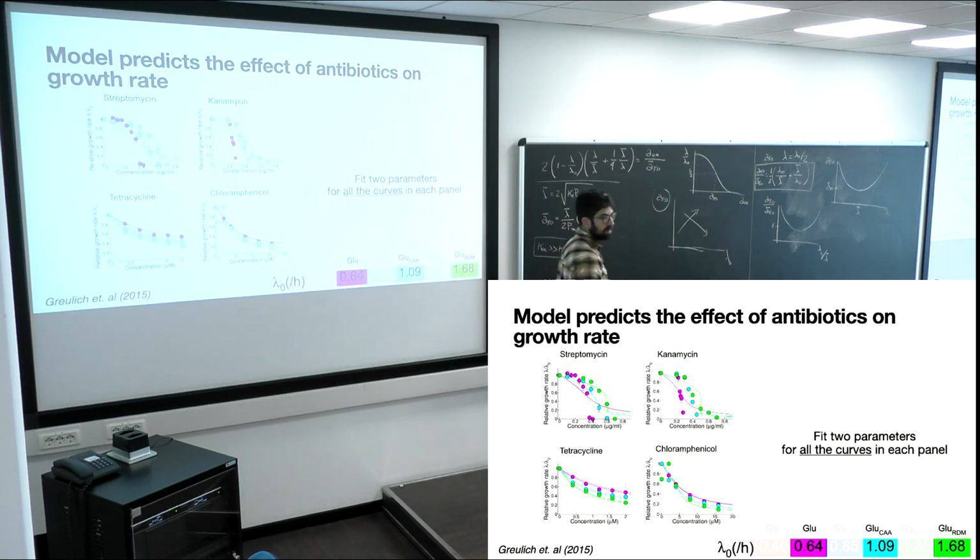So it's 6 times 6: 6 values of the concentration times 6 nutrients times 4 drugs. So 36 times 4, 144, whatever it is. And for each of these conditions, you make sure that cells are growing exponentially and you measure the growth rate. Questions about this?